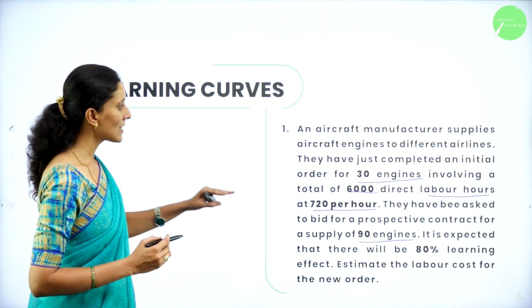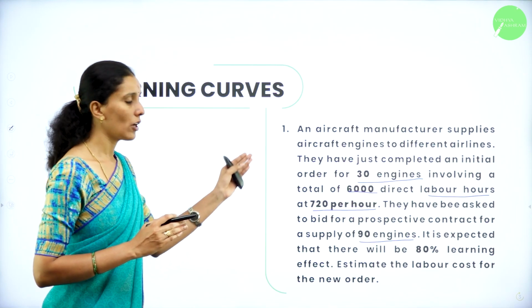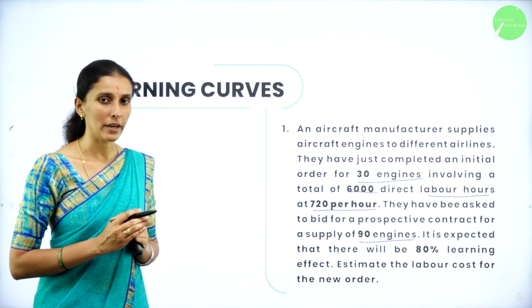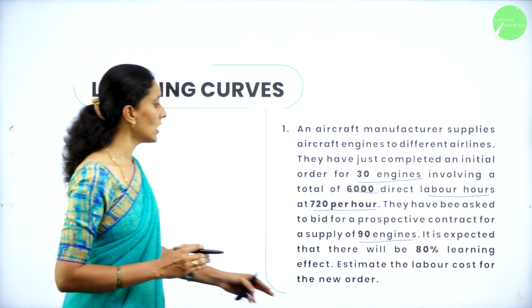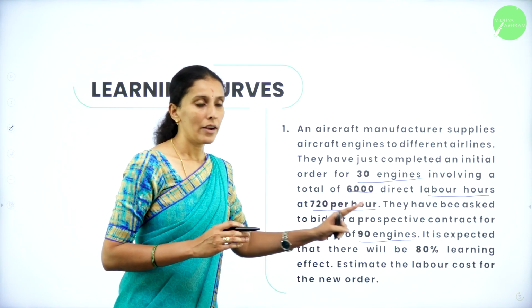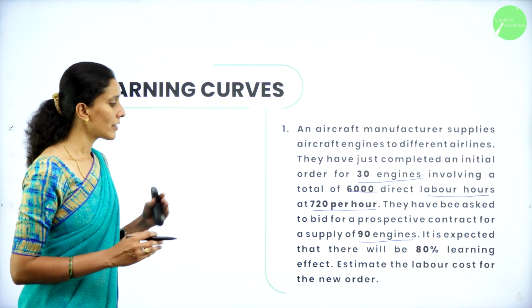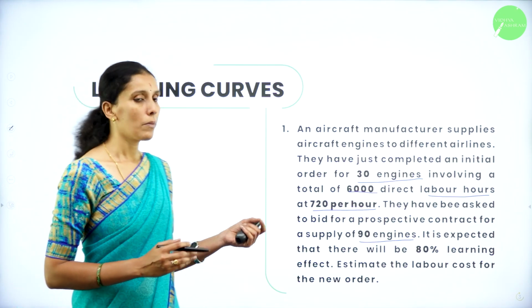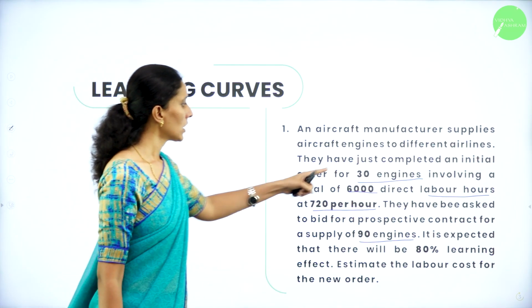So at first they have manufactured 30 engines and the time taken was 6,000 hours at the cost of 720 per hour. Now they have been told to manufacture 90 engines. And also their learning effect is given as 80%. We are supposed to estimate the labor cost as well as the number of hours for the new order. Now here we have 30 engines.